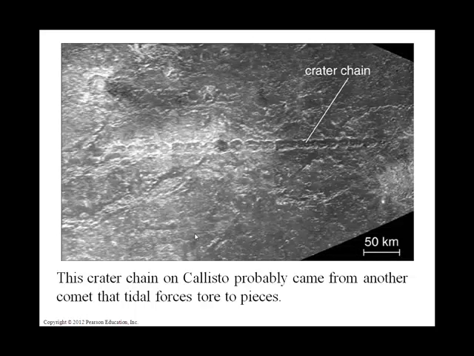And this is a photograph of the surface of Callisto, one of the Galilean moons that orbit Jupiter. You can see where the comet impacted the moon and sent this sort of crater chain.